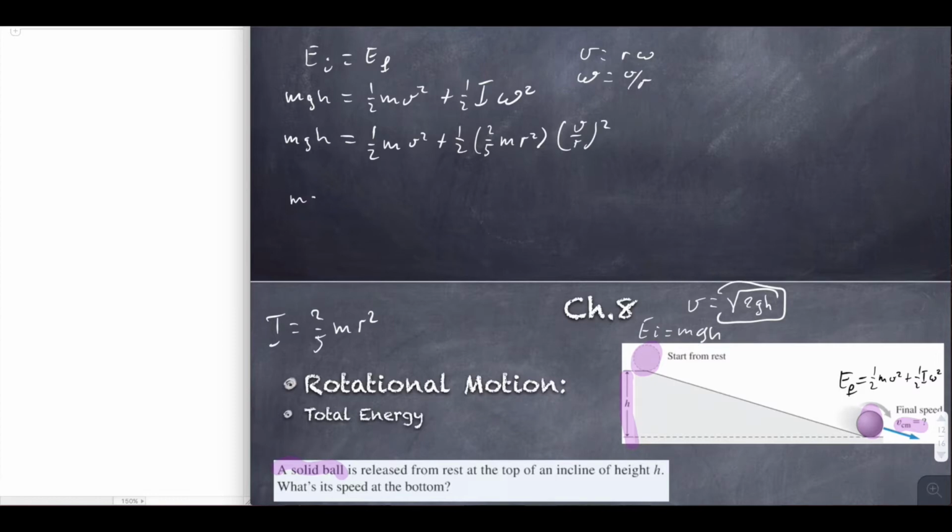And so I get mgh equals 1/2 mv squared plus, I can cancel these two, so I get 1/5 m, and then this r cancels with this r squared, so I get mv squared here.